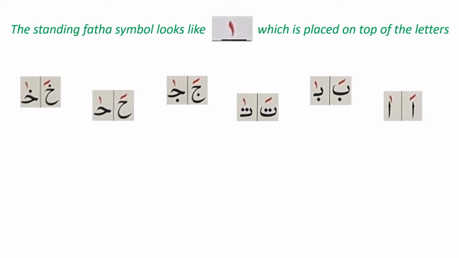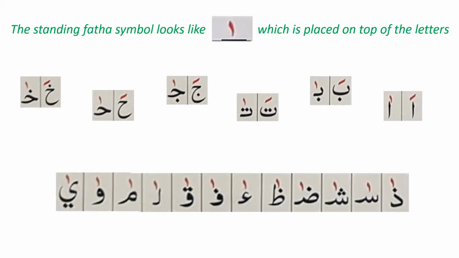The next one, we have ja, then ha, kha. Okay, let's do a few more, but instead of breaking it down, let's just look and concentrate on the standing fatha.